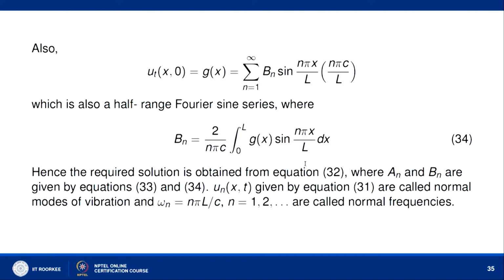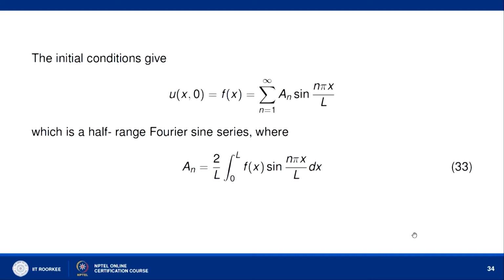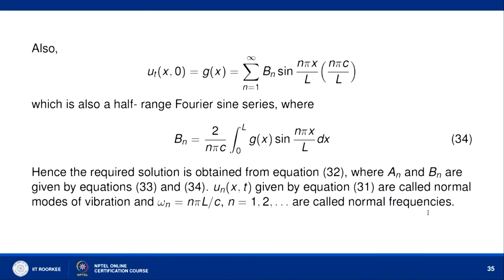So, once we have a n and b n given to us, we can write down the solution for this finite string problem as equation number 32. Here the u n x t given by equation 31 are called normal modes of vibration, and the corresponding frequency omega n equal to n pi c by L is called the normal frequency.